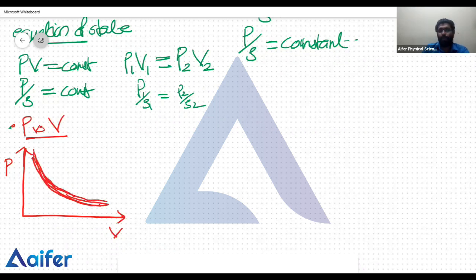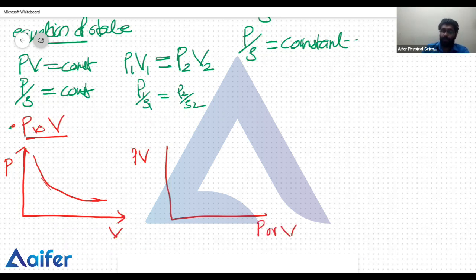We will come to that point at the end of kinetic theory of gases. We will analyze this graph very carefully. For different temperatures, what shift will occur, we will discuss. For now, this is just a rectangular hyperbola, P inversely related to V. And if I draw a graph of PV against V or T, PV equal to a constant, whether it is P or V, no problem. This is fixed.